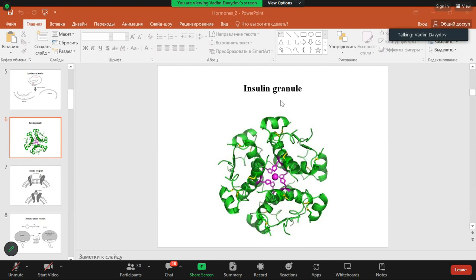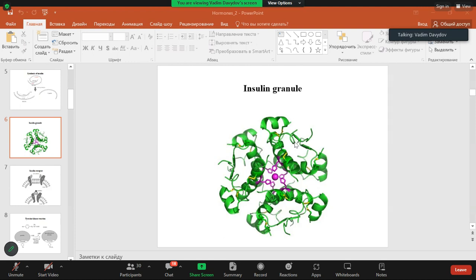In other words, when glucose penetrates into the cytoplasm of the beta cell, it brings about activation of insulin gene expression, resulting in increased synthesis of insulin.